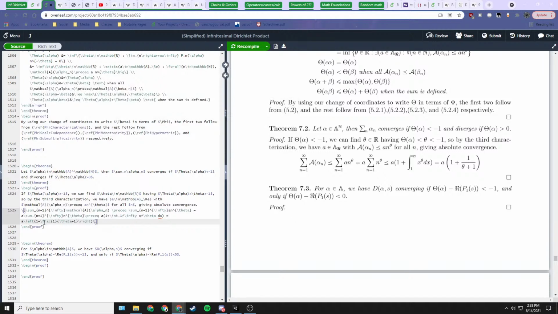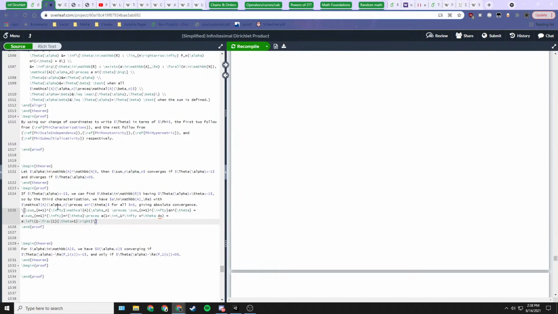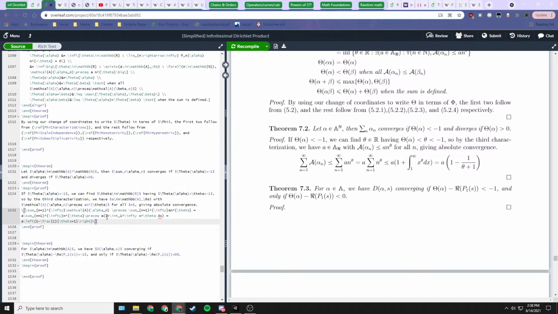Should be 1 minus. Let's also do the other case.